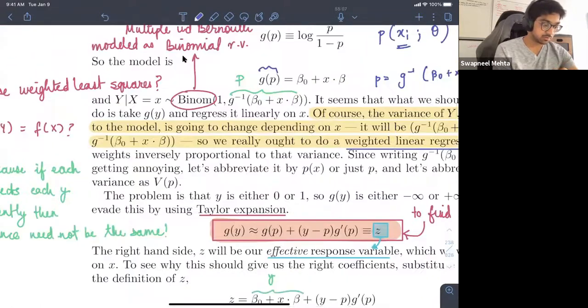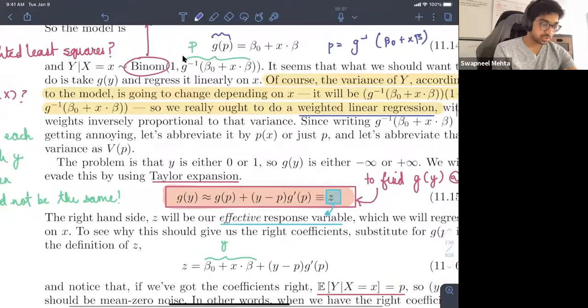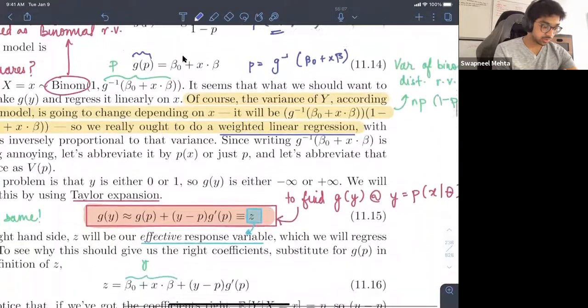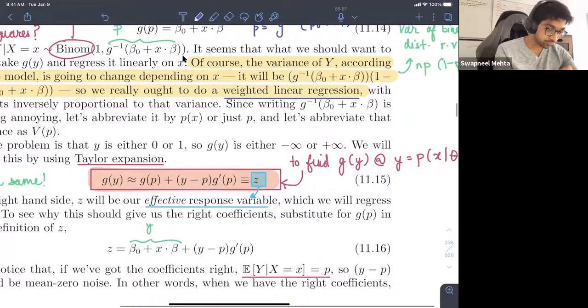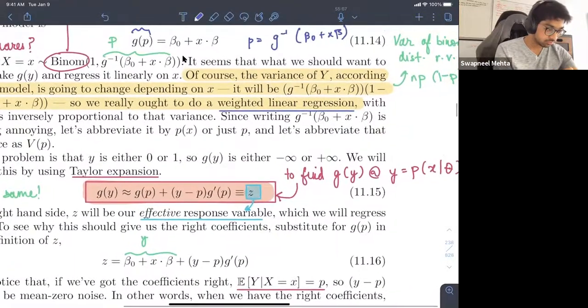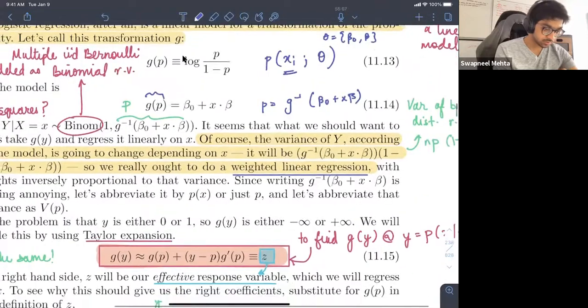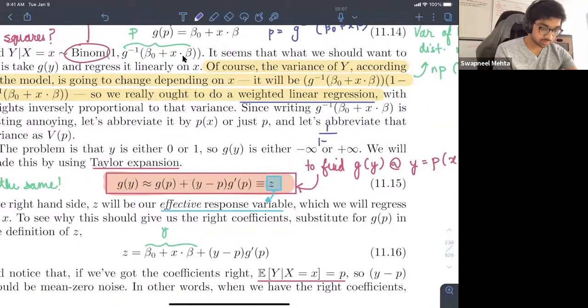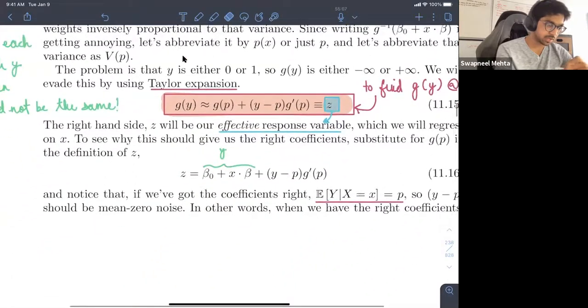If y is 0 or 1, then g of y, where p is 1 upon 1 minus e raised to minus x plus beta, results in minus infinity or infinity, or what are they saying? I'm not sure what they were saying, but the idea of evading this minus infinity or infinity problem is to use a Taylor expansion.